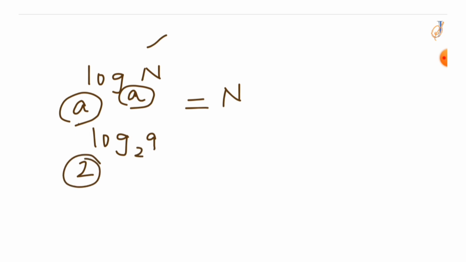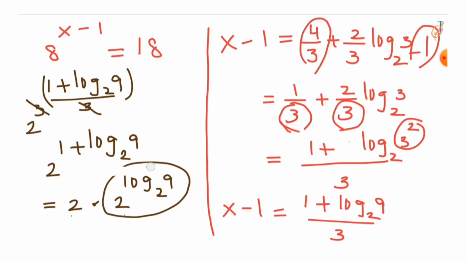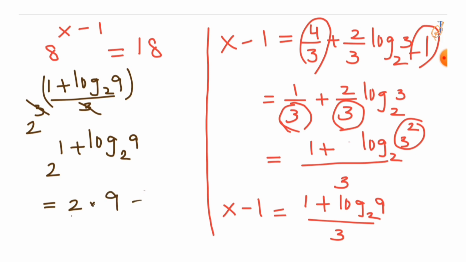Here we have 2 and here we have 2. Simply this we can write as 9. So use that property here. Then instead of 2 raised to power of log 9 with base 2, we can write 9. So 2 times 9 gives 18. It is same as our right hand side. So that means the x value satisfied our given expression.